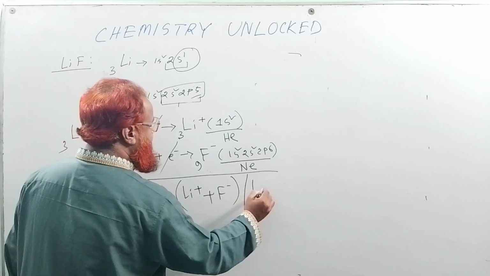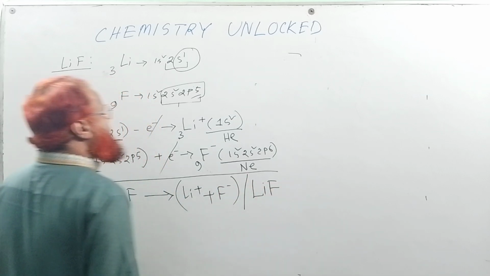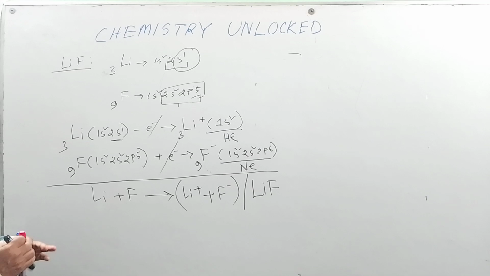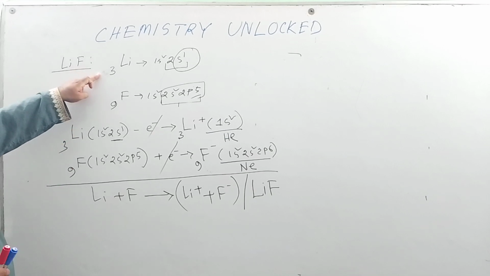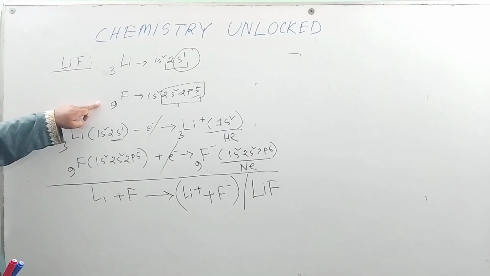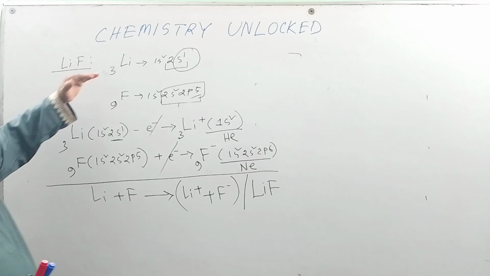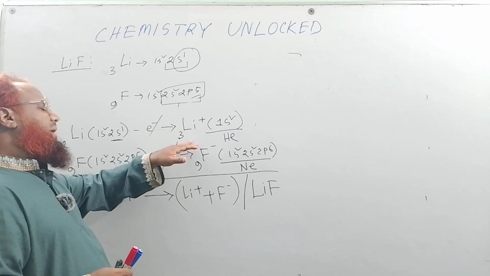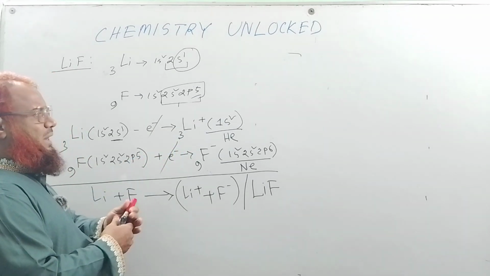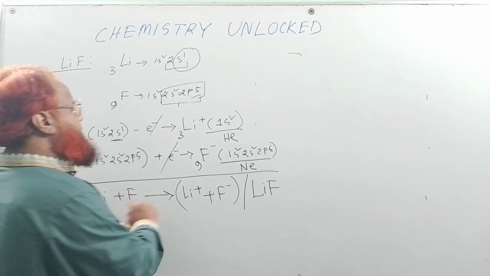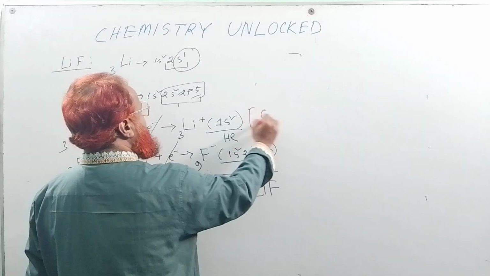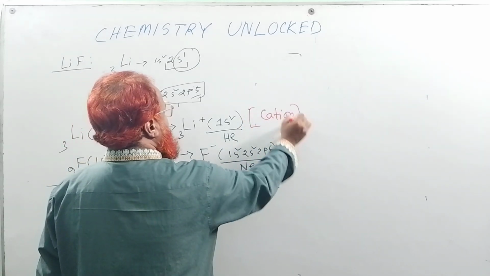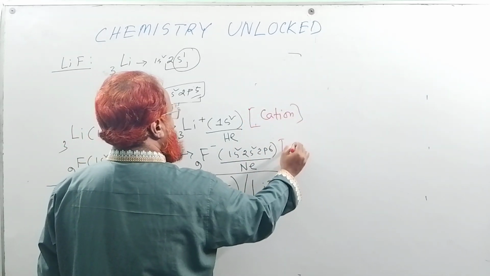So, dear students, this lithium is a metal and this fluorine is a non-metal. Metal will donate electrons, non-metals will receive electrons, and the metal, after donating an electron, becomes a positive ion or cation. So, this is the positive ion or cation, and this is the negative ion or anion.